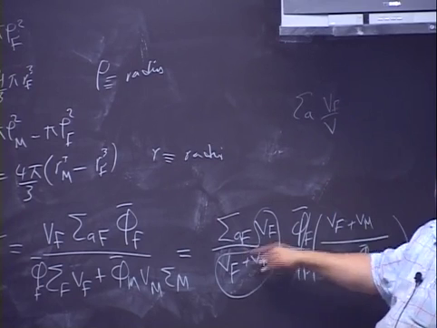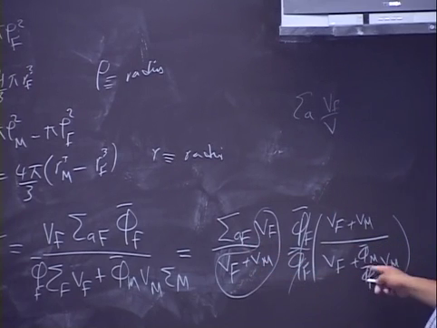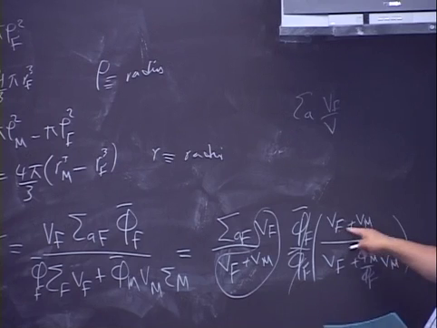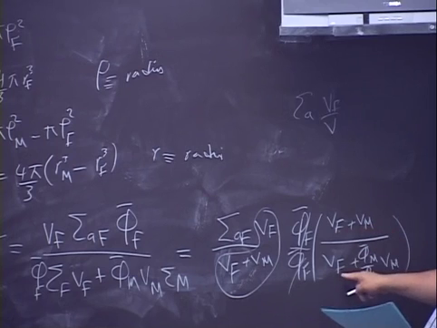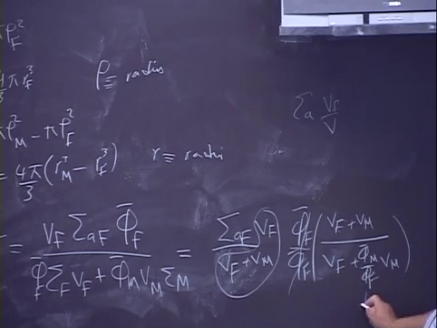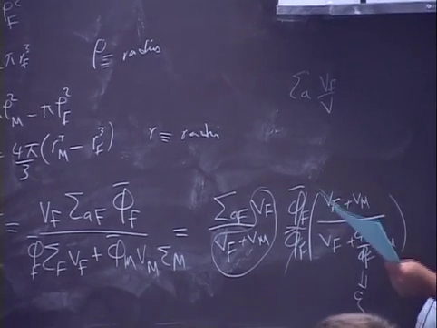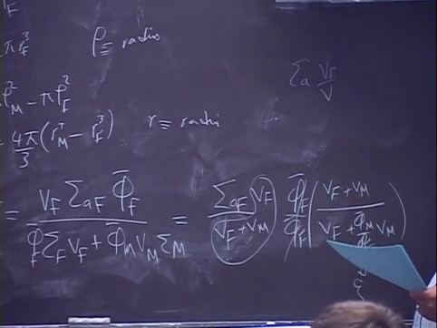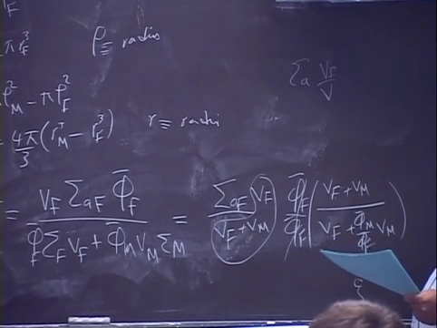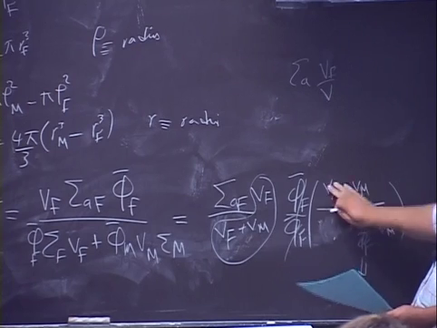So here it is, this component. But I got another new component now. What is the other new component? Volume of the fuel plus volume of the moderator divided by volume of the fuel plus, what's this? The thermal disadvantage factor. So I can take V fuel as a common factor from here and here.